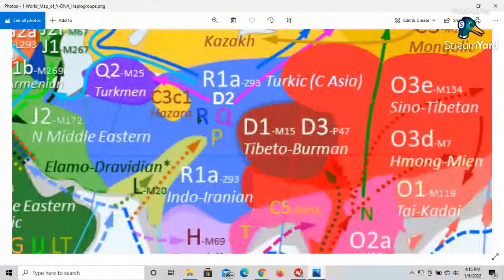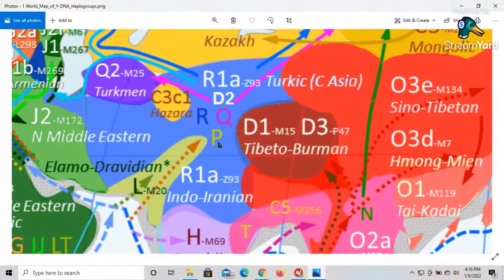So it's not R, so the P can't be R, and the Q can't be R either, even though they sometimes put them on the same lineage. The reason being is because the farther back you go, there's really not that much difference between the lineages. It's the same family tree lineage anyway.